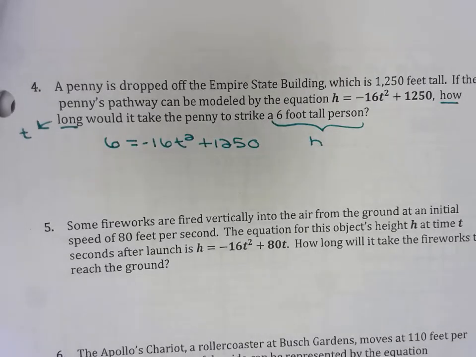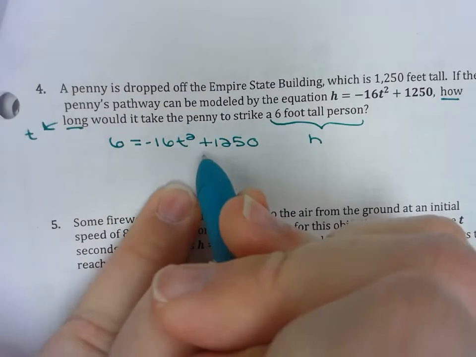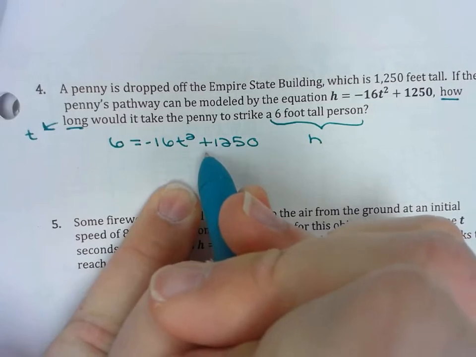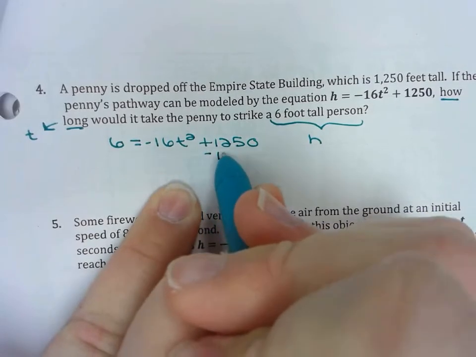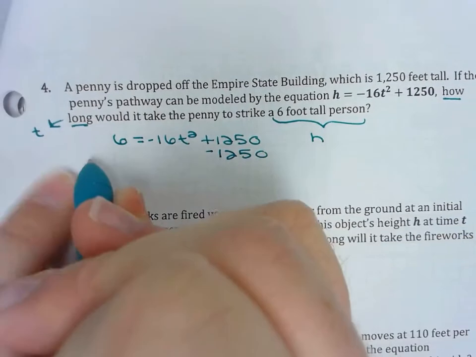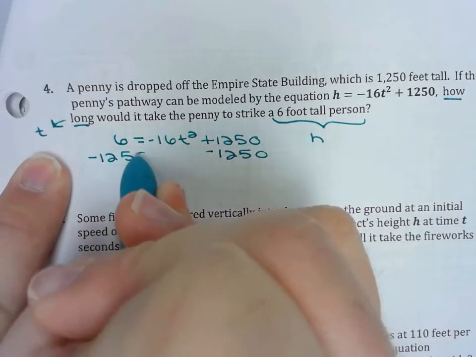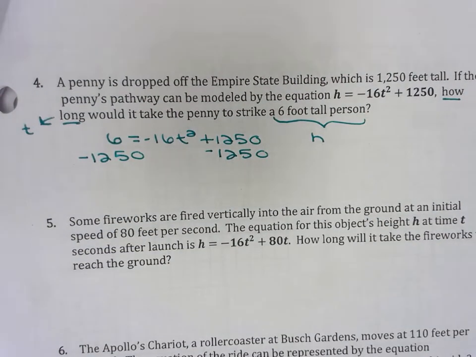If I'm going to do the square root method, what do I do first? Nope, because I want to get t squared by itself. Subtract 1,250, good. Use whichever method is easiest, which would be the square root. So 6 minus 1,250, use your calculator.